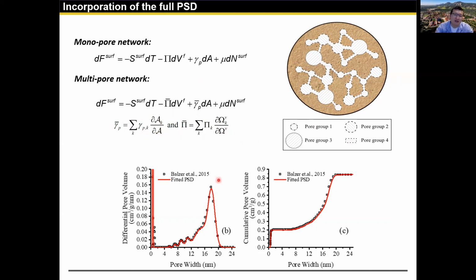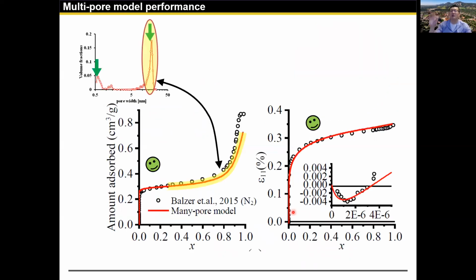And then we use 107 pore groups to match the PSD of Bangham's data. This is a cumulative one. This is a differential one. And then we run the prediction again. Now you can see that the adsorption isotherm is perfectly predicted. That's thanks to the incorporation of the larger pores, which do not affect the strain isotherm too much, but improve the adsorption aspect.